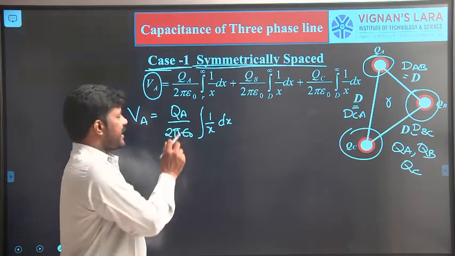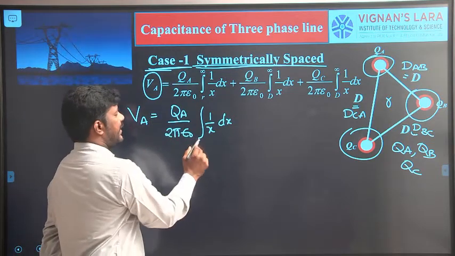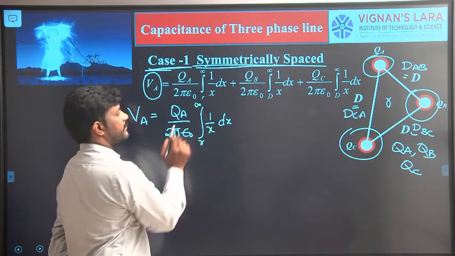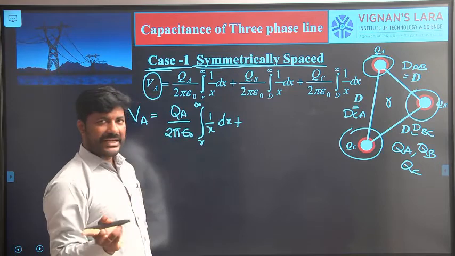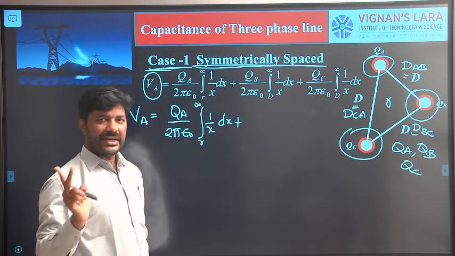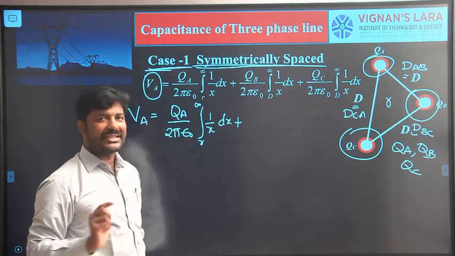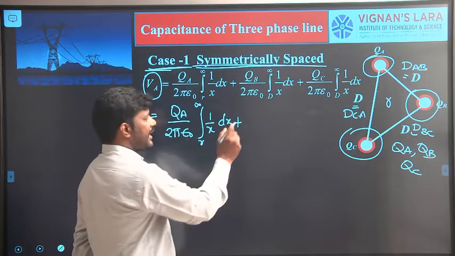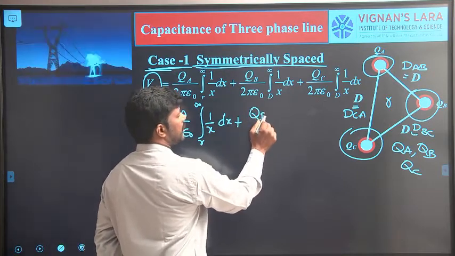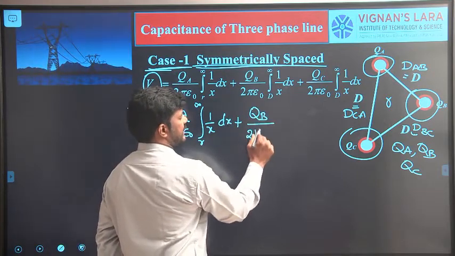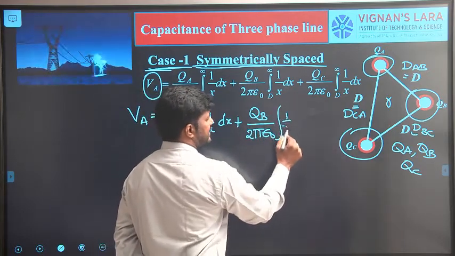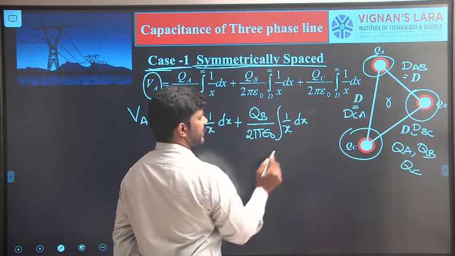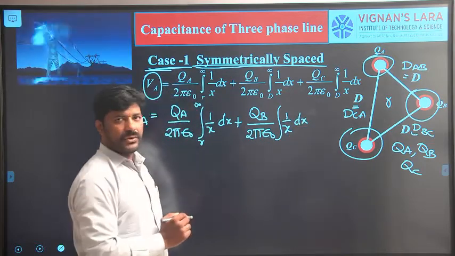Since it is its own charge, the limits are r to infinity, plus the contribution due to the two other conductors, whose charges are QB and QC. The potential due to QB affecting conductor A can be written as QB by 2 pi epsilon naught integral 1 by x dx with the limits DAB to infinity.